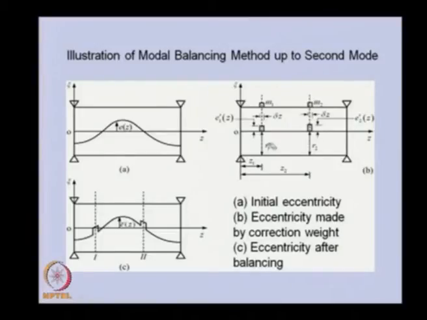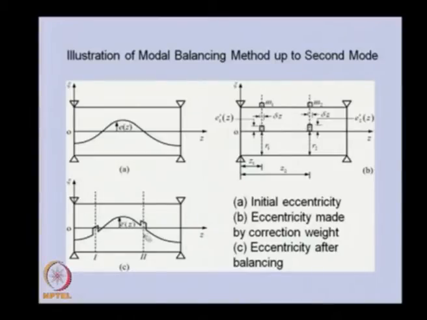Generally it will be uniform, but even if they are not uniform, we can choose different radii, no problem. And this mass will have some finite length. So these are basically the eccentricities corresponding to these masses. We'll see how we can get this eccentricity in the subsequent slide.